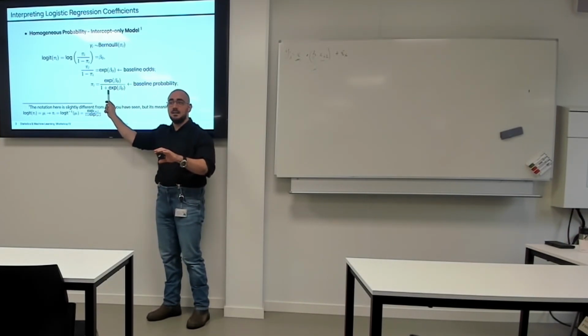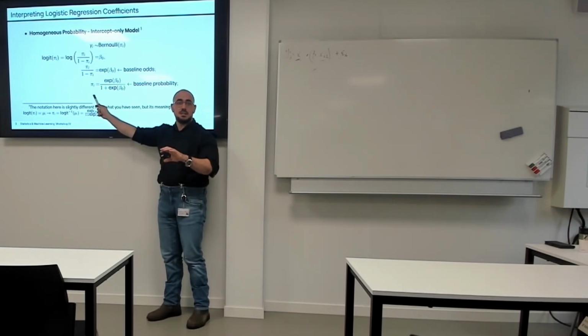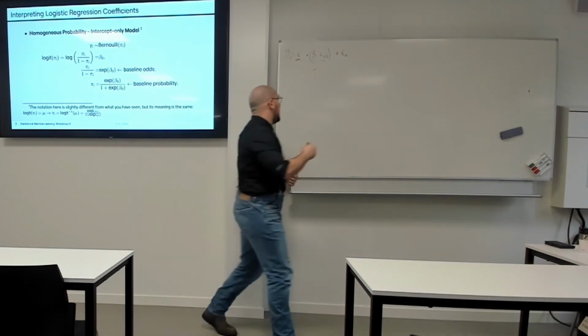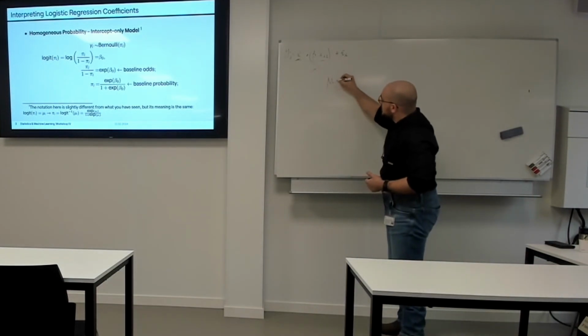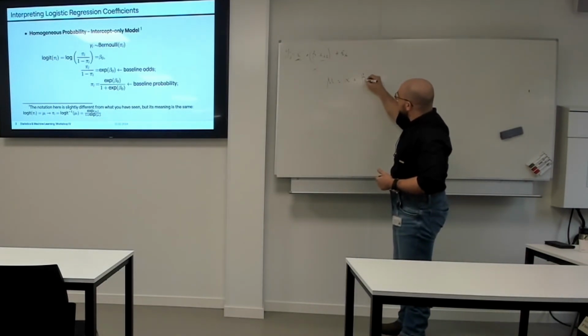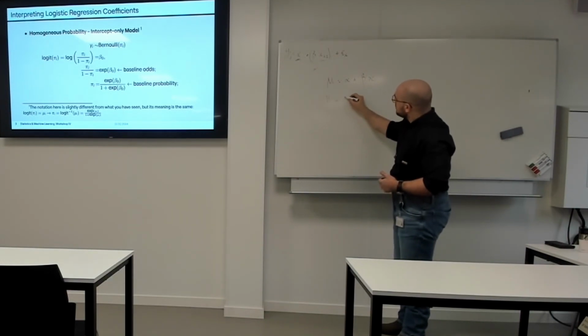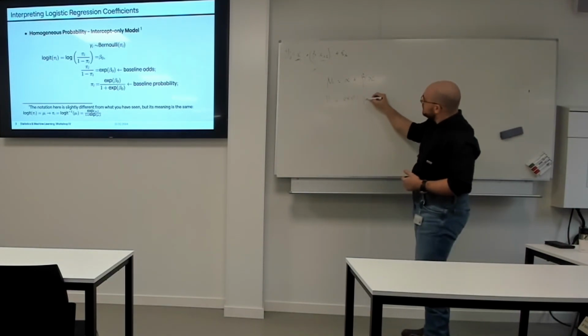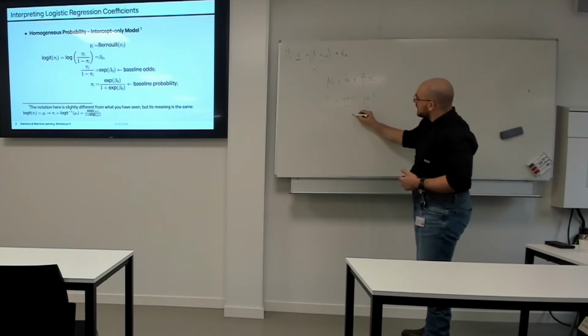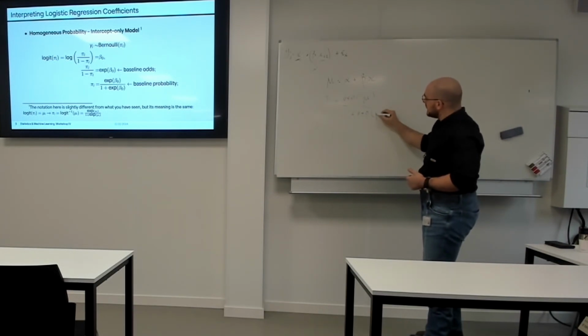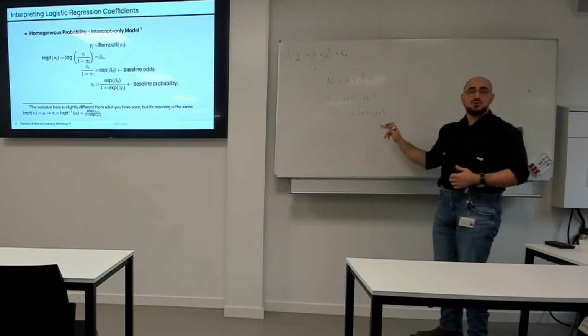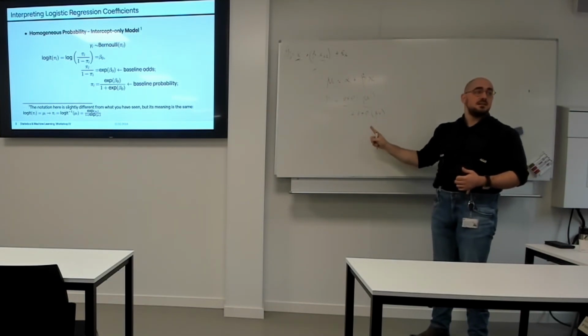We covered it on Tuesday. If I have mu equals alpha plus beta x, then pi is equal to the exp of mu divided by 1 plus exp of mu. It's also known as the logistic sigmoid.